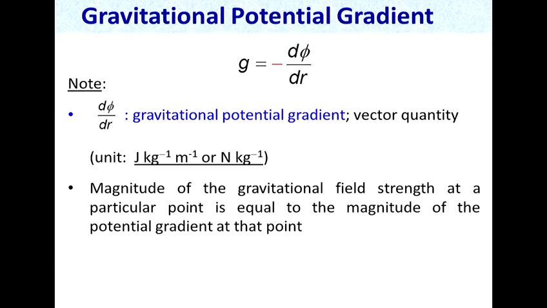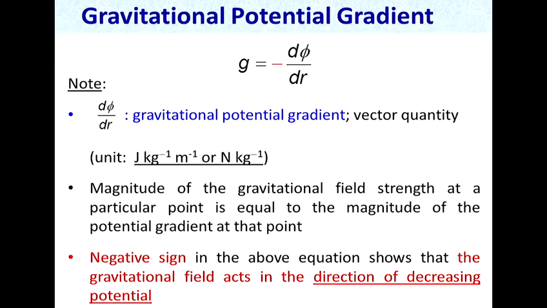Okay? And the negative sign, we say, is an indication of direction. So in this equation, this negative sign tells us that the G field acts in the direction of decreasing potential. If you are talking about Earth, you know that the G field strength acts towards the center of Earth.